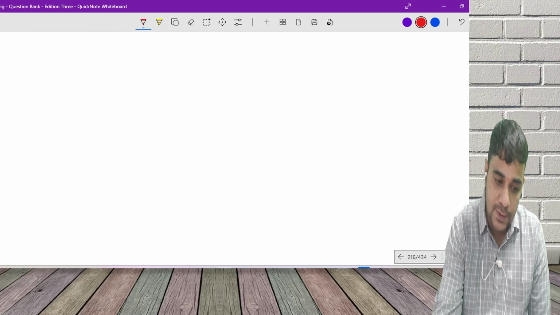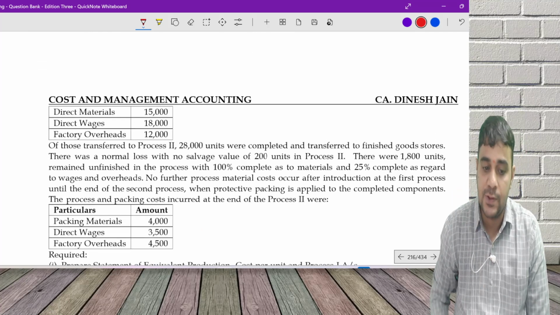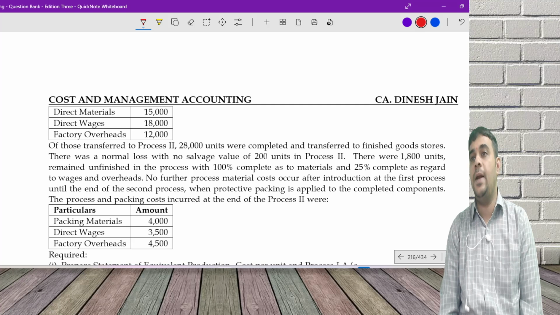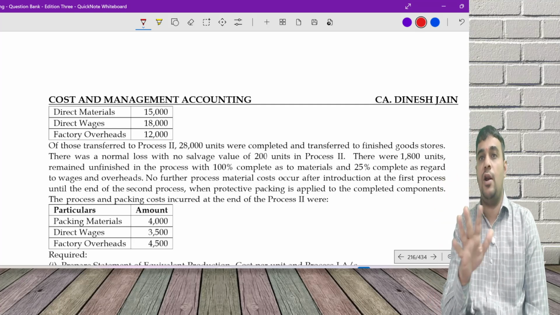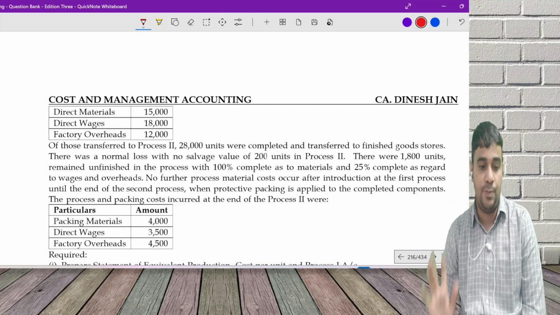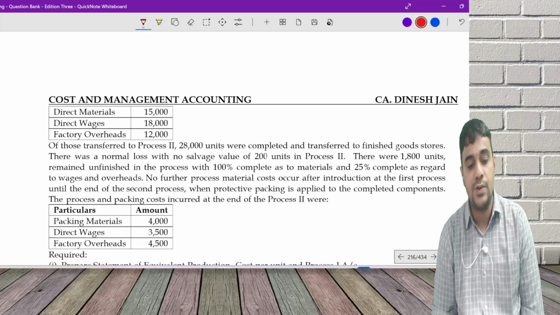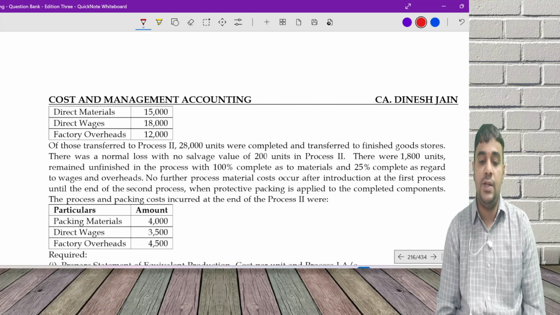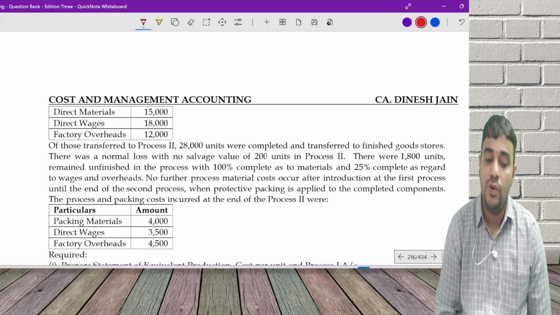Process 1 cost: direct material 15,000, direct wages 18,000, factory overheads 12,000. In the first process, I don't see any normal loss or abnormal loss. Then of those transferred to process 2, 28,000 units were completed and transferred to finished goods.